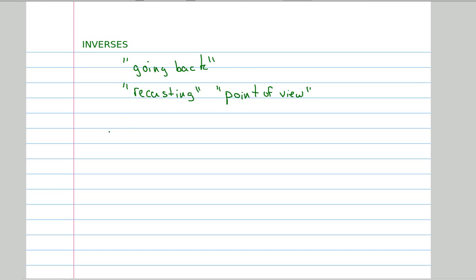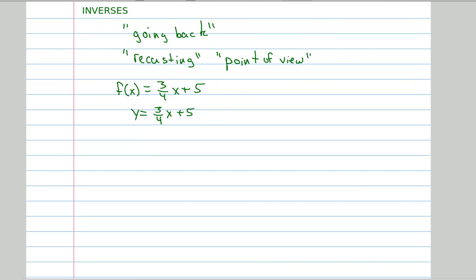So let's take a standard, pretty simple equation here. You should recognize this as the equation of a line. f of x equals 3/4 x plus 5, and we know f of x we can oftentimes just think of as our y. It's our other variable in the equation.